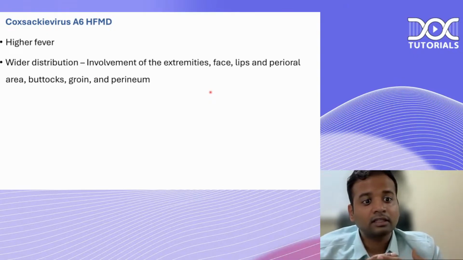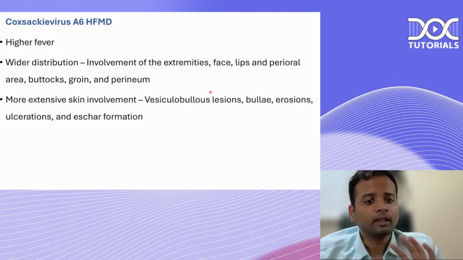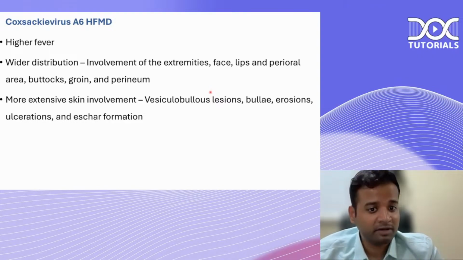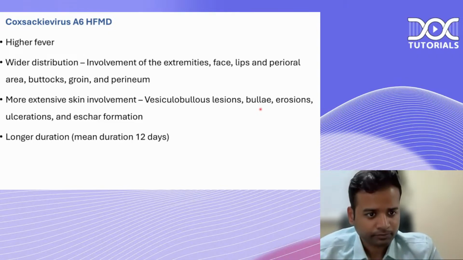And wider distribution of the lesions, like involving the whole extremities, upper thighs, buttocks, arms, and can also involve the face, lips, perioral area, groin, perineum. More extensive skin involvement will be there in the form of vesiculobullous lesions, bullae, erosions, ulcerations, and eschar formation is also seen in some rare cases.